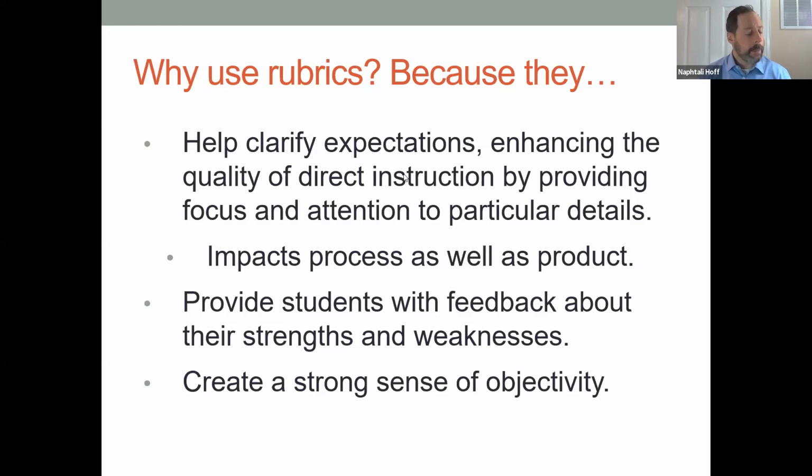And of course, objectivity is critical. Nobody wants to feel that their teacher is singling them out or doesn't like them. And we definitely don't want to be hearing from parents accusing us of being subjective and unfair. So the more that we have objective tools, the better it's going to be for everybody.